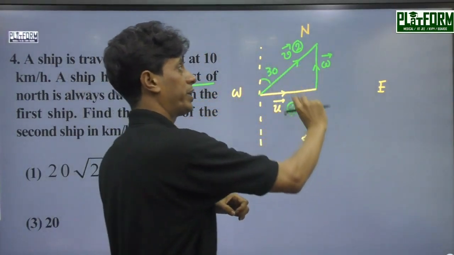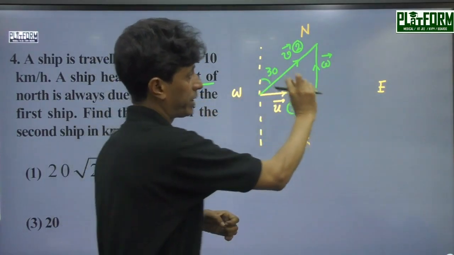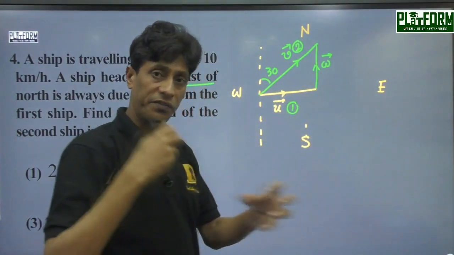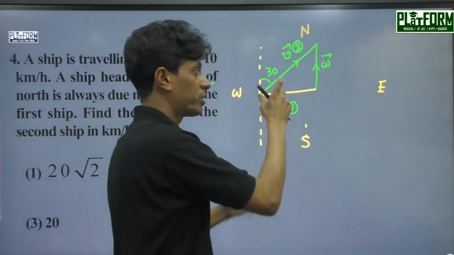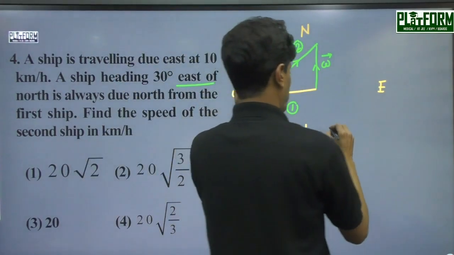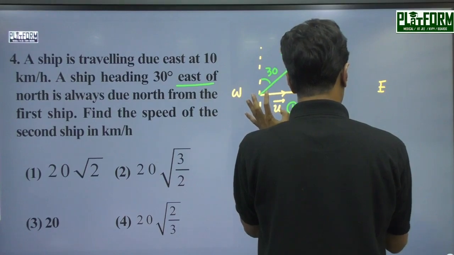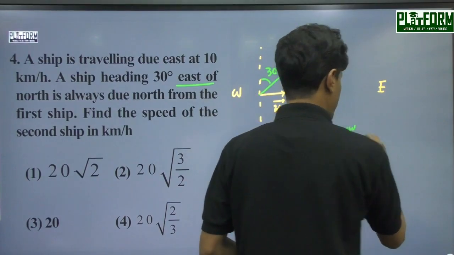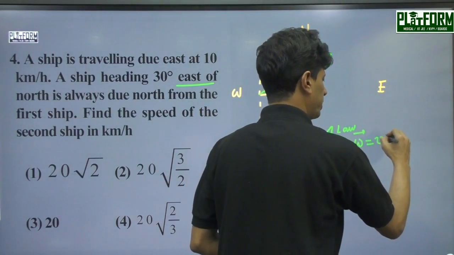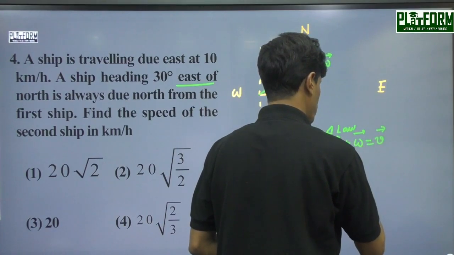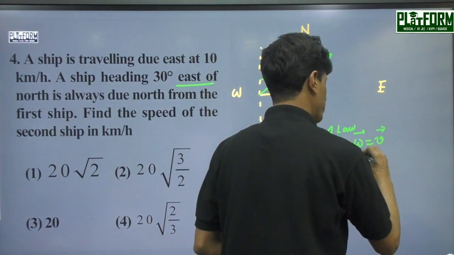The third side, with arrowhead towards 2, represents the relative velocity of 2 with respect to 1. From the triangle law, we know u vector plus omega vector equals v, and omega equals v minus u.